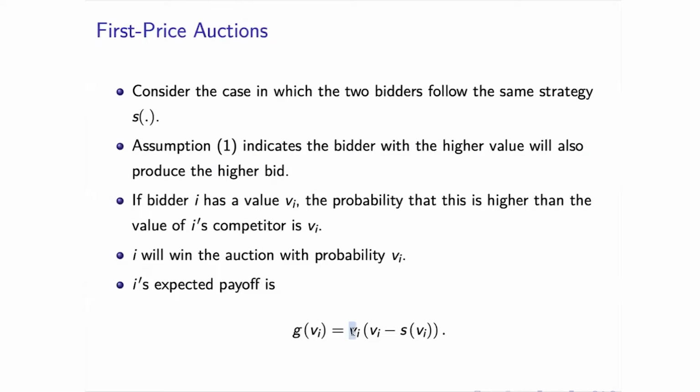But if you win, which happens with probability Vi, you get a payoff equal to your own valuation minus what you actually bid, right? This is the expression we are calling the function G, which tells us the expected payoff of a player who has a valuation Vi and is using this strategy S, when the other player is also using this strategy S, right?